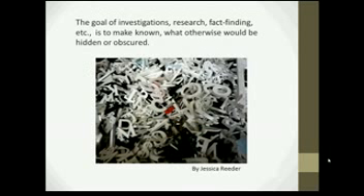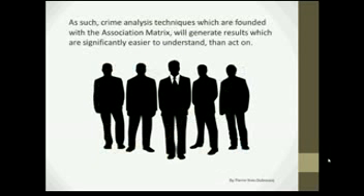The goal of any investigation, I believe, any research, any fact-finding effort, is to hopefully decipher and make known what was otherwise hidden or obscure. As such, crime analysis as a technique founded on the association matrix is going to give you results that otherwise you might have overlooked or would not have been quite as easy to identify.